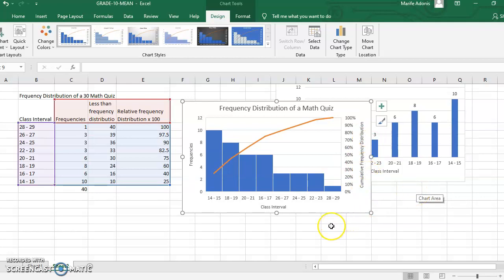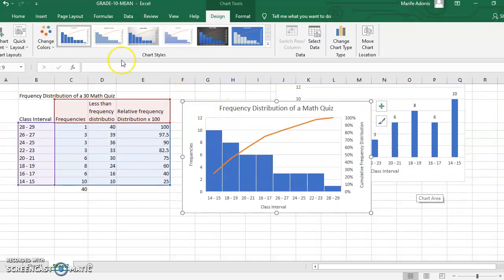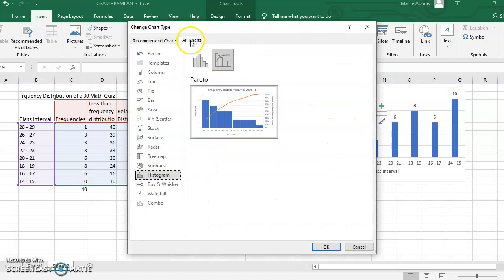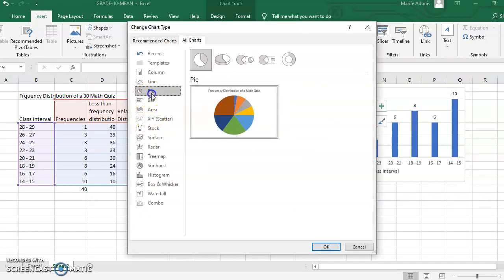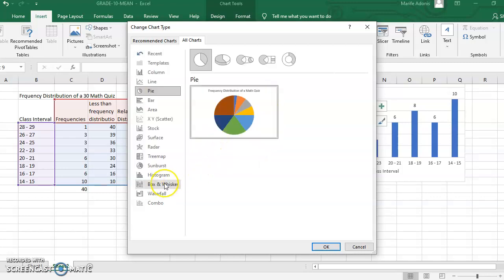Alright? So, kung gusto nyo naman makita sa ibang chart, gamitan natin ang pie chart. Okay, so isa din sa recommendation sa kanya dito, gumamit ng pie. So, pag ginamitan natin to ng pie chart, no, so ang recommended lang kasi niya is, histogram, variables.